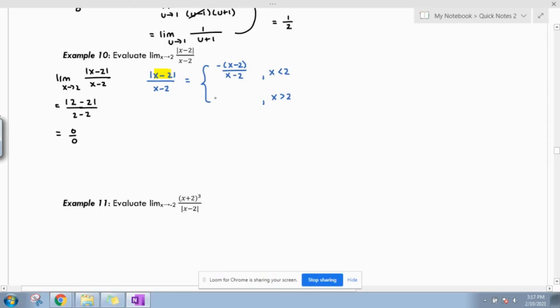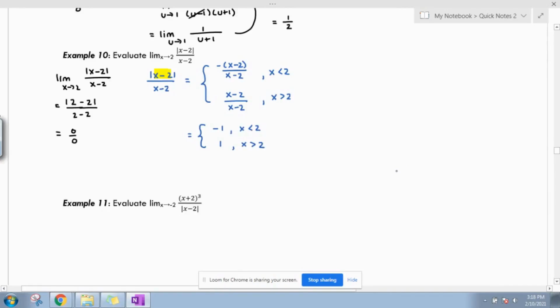If I'm talking about my x values that are greater than 2, I'm taking on the original function, which is x minus 2, and then all over x minus 2. And so in this particular case, if I simplify this, they actually cancel out quite nicely. I've got -1 when x is less than 2, and then I've got 1 when x is greater than 2.